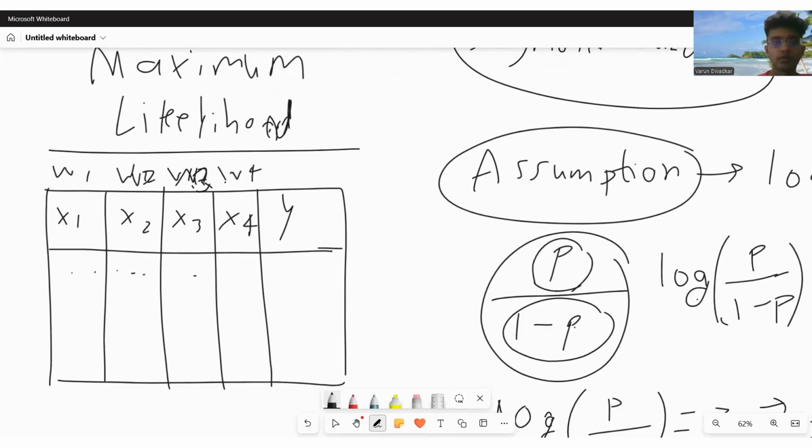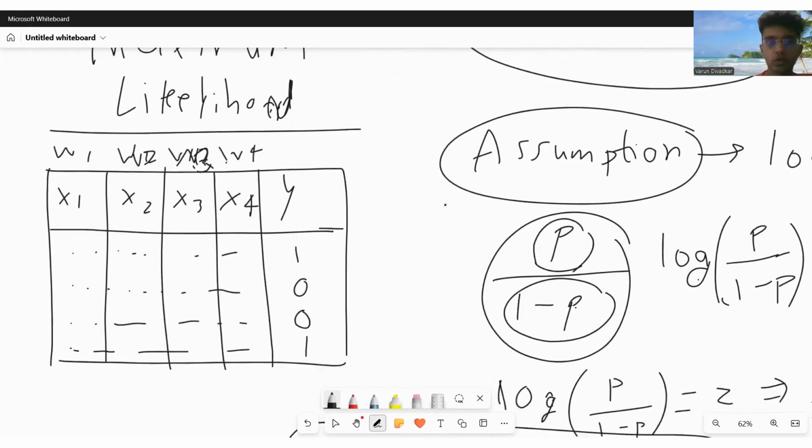Suppose for the first row, the actual value of y was 1. For the second row, the actual value of y was a 0. The third row, the value of y was again a 0. For the fourth row, the value of y was again a 1. So on and so forth, right?